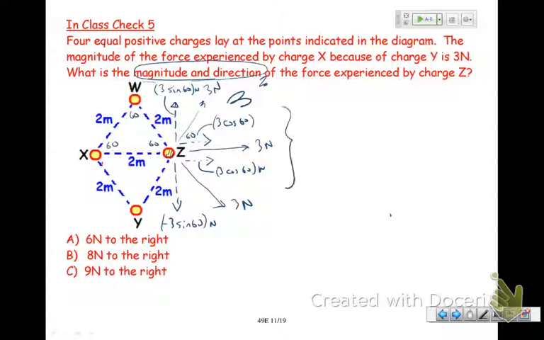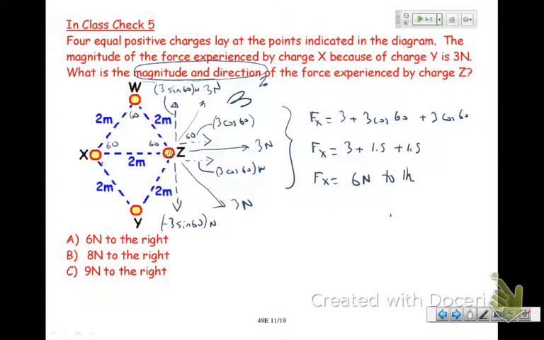So I have Fx is equal to 3 plus 3 cosine 60 plus 3 cosine 60. So Fx is equal to 3 plus 1.5 plus 1.5. So Fx is equal to 6 newtons to the right.